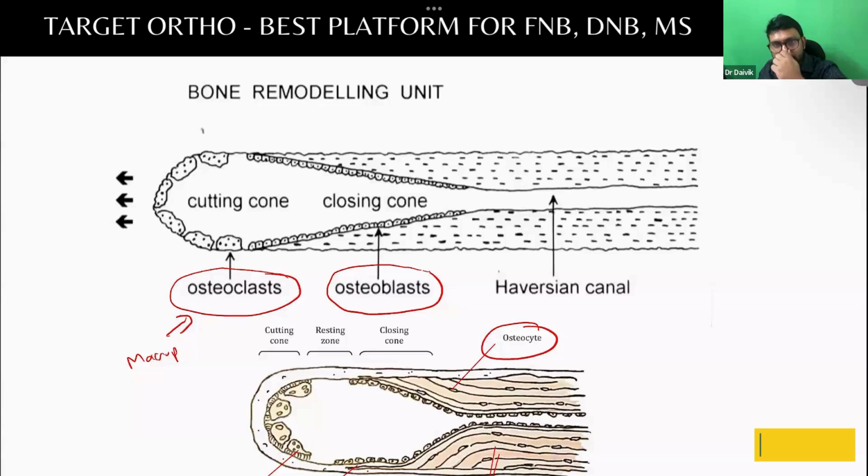Mesenchymal stem cells is not the answer. You're talking about osteoclasts or osteoblasts, Umesh? We're talking about osteoclasts first. Okay, so osteoclasts mainly are from monocytes. Yeah, monocytes, correct, SG. So osteoblasts now. Tell me, how are osteoblasts formed?